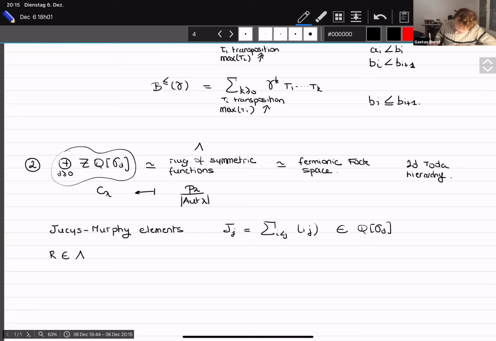If you take any symmetric polynomial, you can evaluate it on the Jucys-Murphy elements, and then at some point you put zeros. And that happens to actually generate the center. So you can take such an element and then act on this on C lambda, or transport this action to act on the ring of symmetric functions.